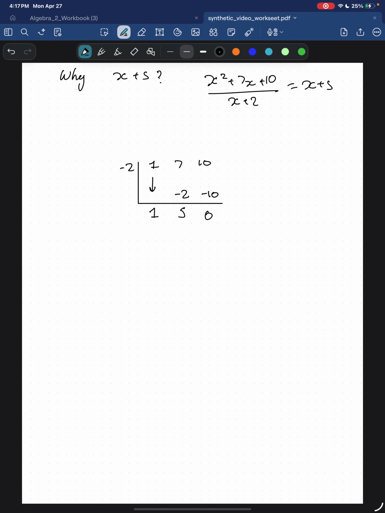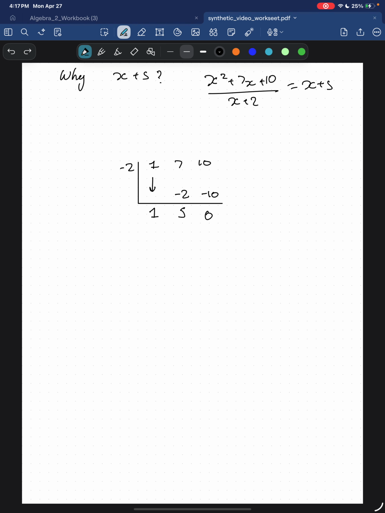Well, when you look at what we're doing here with synthetic division, everything atop these coefficients are what you call placeholder values, essentially.